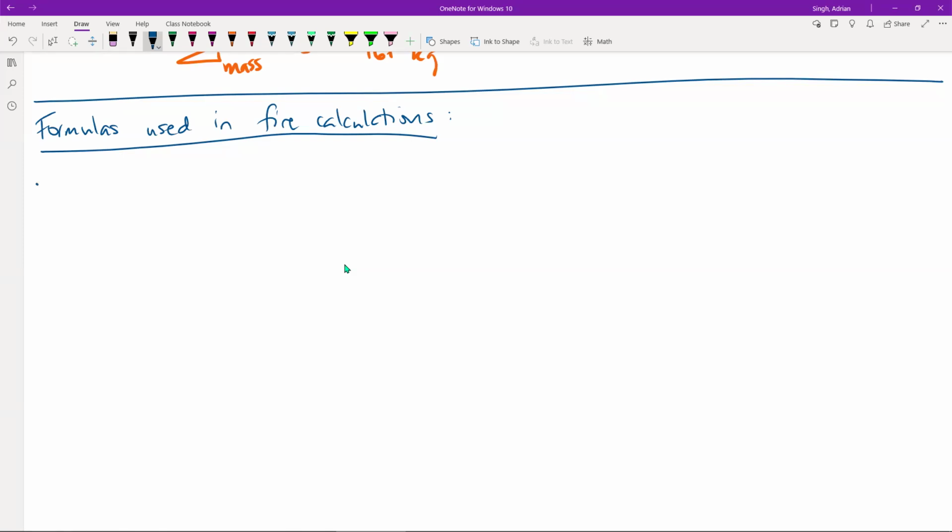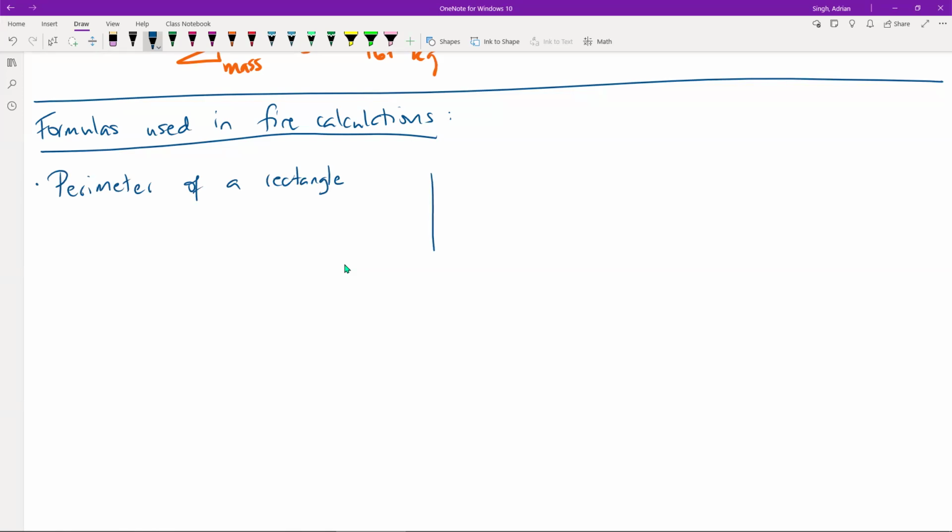The first formula that we're going to use is to determine the perimeter of a rectangle. So for example, you need to figure out in this particular room, where this fire happened, what's the size of this, what are the actual dimensions of this room, you need to calculate it.